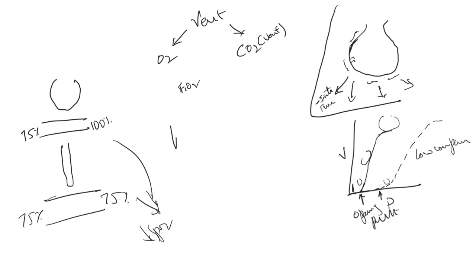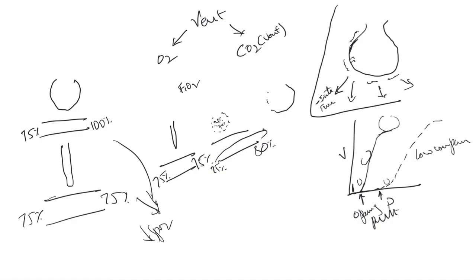Let's say this is a completely collapsed alveolus. Here you're going to enter at 75 and leave at 75. Let's say an alveolus that is smaller than normal. Here you have oxygen, but when you're on room air, 21% is oxygen, 79 is nitrogen. And you will increase the SAT, but there are not enough oxygen molecules to reach all the way to 100%.